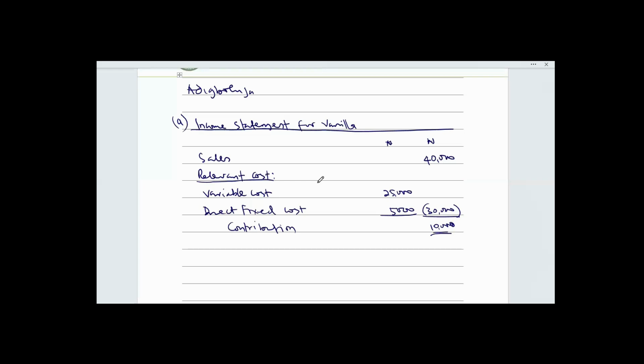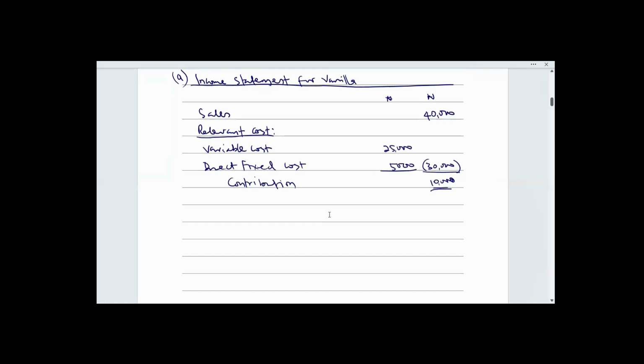The examiner is now asking, should the company drop the sale of vanilla? So I would then say the company should not drop the sale of vanilla. Now we need to make a decision.